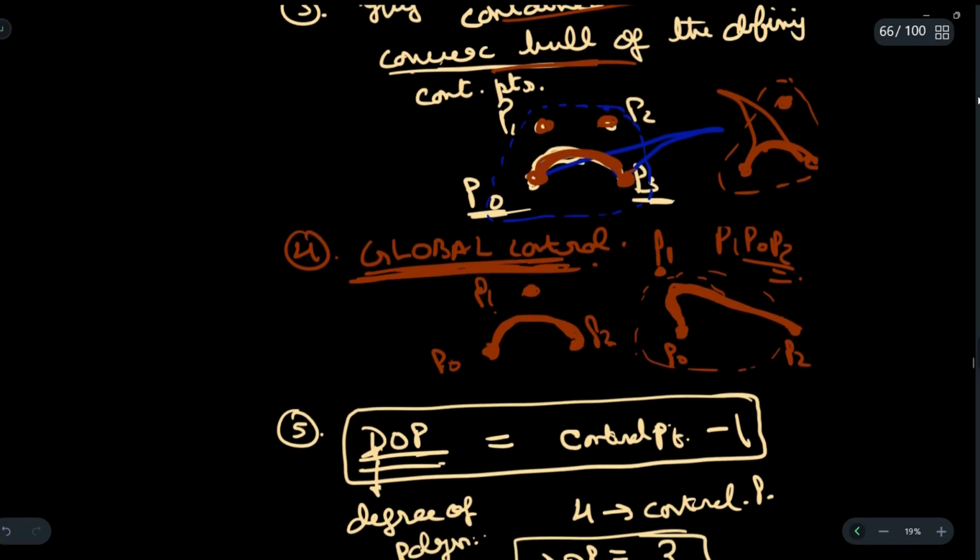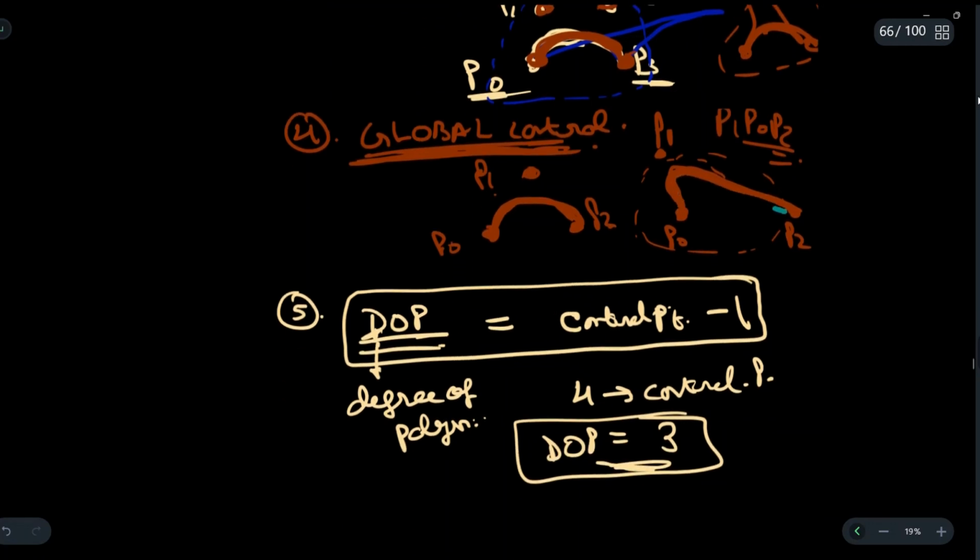Now the fourth property is that they have global control, and by global control we mean that whenever a point is changed, irrespective of which point is changed, the Bezier curve shape will change, no matter which point position you change. Suppose P1 is changed from its initial position, then the shape of the Bezier curve will also change.